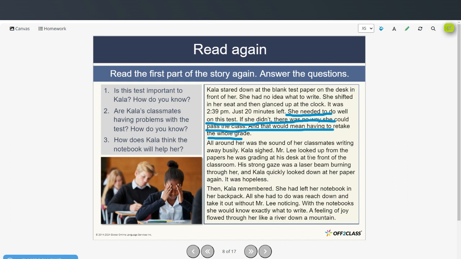Well, it doesn't seem like they are, because it says all around her was the sound of her classmates writing away busily. And how does Kayla think the notebook will help her? She thinks that the notebook will give her an idea of what to write.